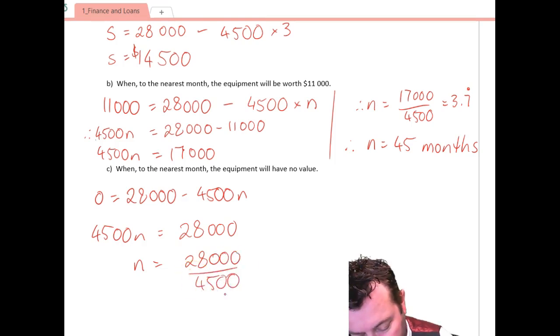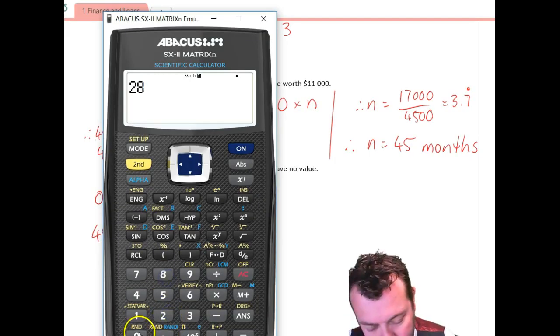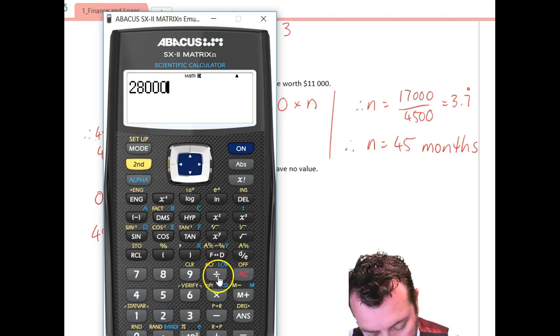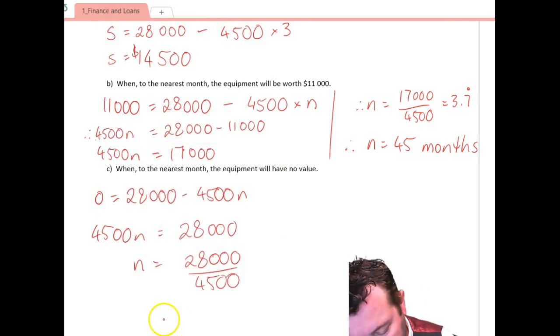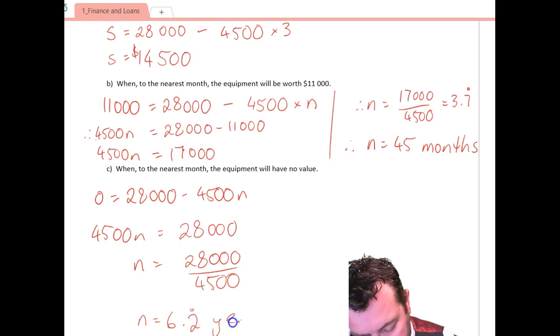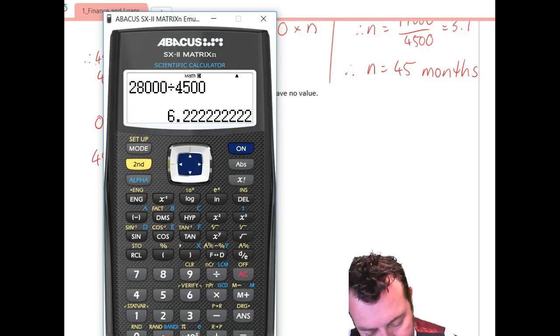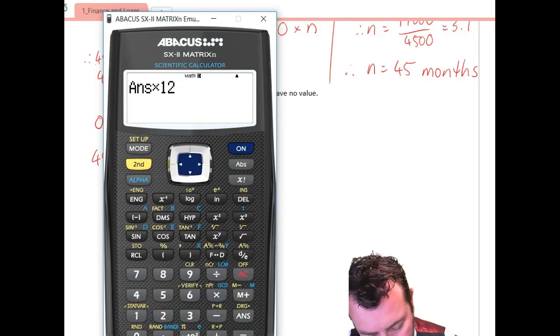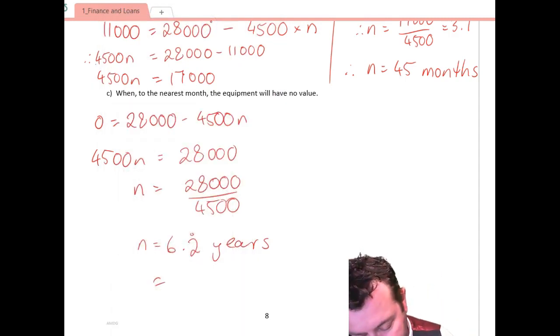The calculator tells me that 28,000 divided by 4,500 is about 6.2 recurring years, but I want the nearest month, so we multiply that by 12, and I get about 75 months.